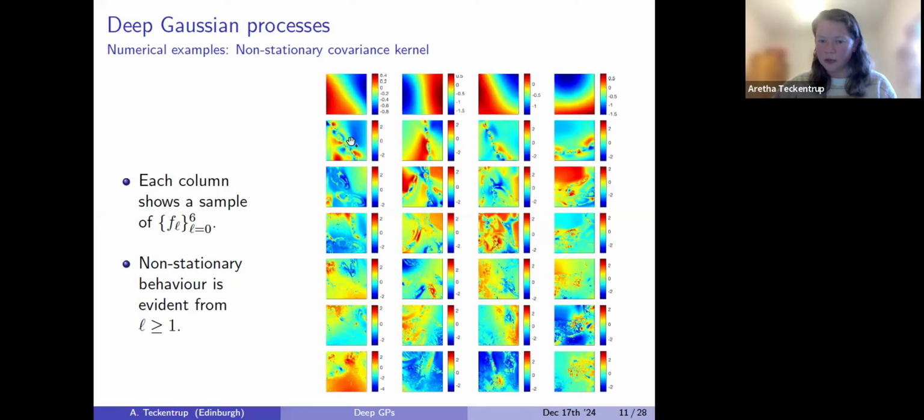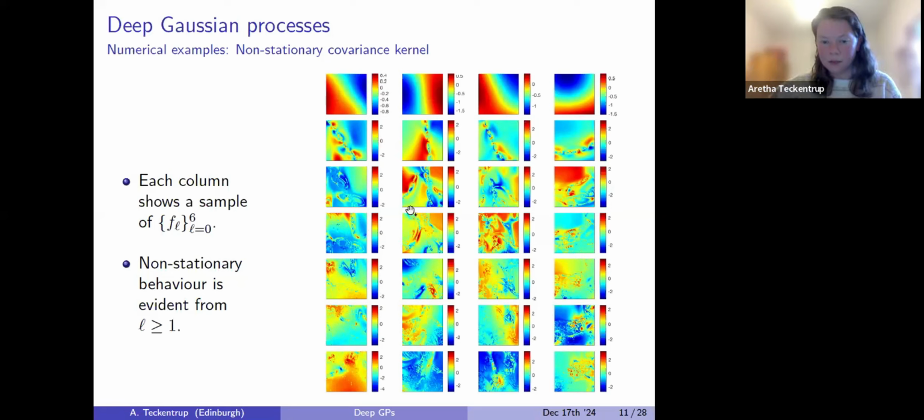The second row has 4 independent samples of F1, where each F1 corresponds to the F0 above it, and so on. Then we iterate, and in the end we have samples of F6. You can see that the non-stationary behavior is evident from already the second layer. F0 is just a standard stationary Gaussian process, and the others are all deep Gaussian processes with various numbers of layers.